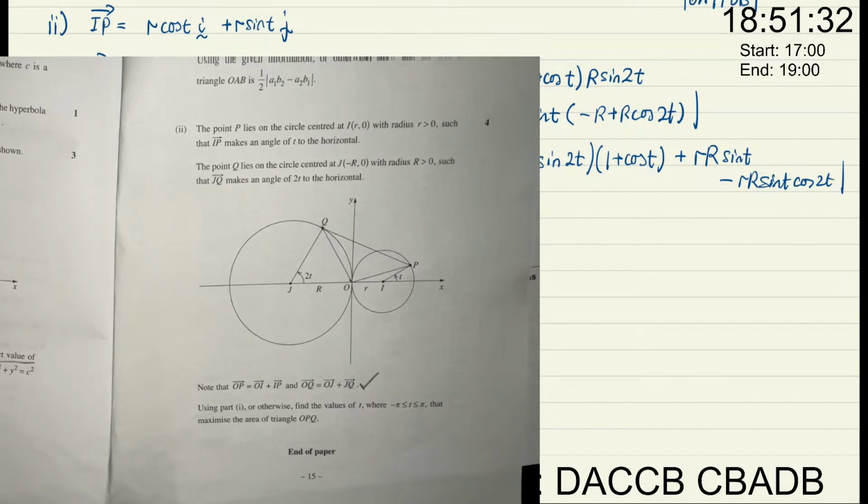Assuming these are positive values, we've got sine 2t plus sine 2t cos t plus sine t minus sine t cos 2t. Those two terms are probably a compound angle expression, and I think we'll definitely oblige with that.